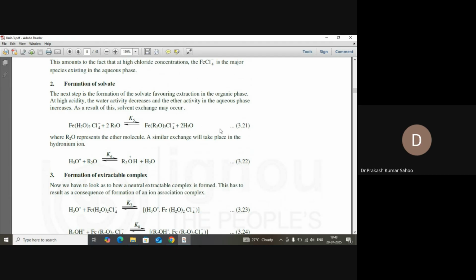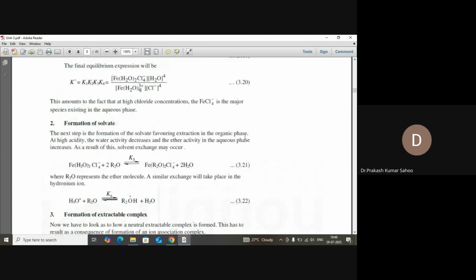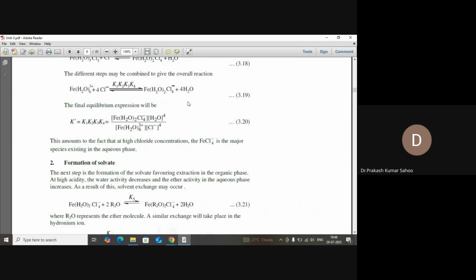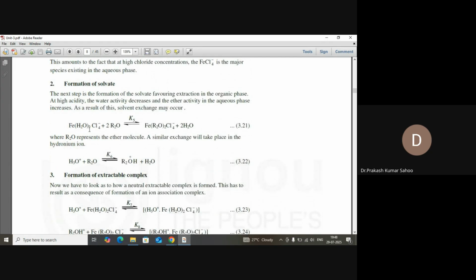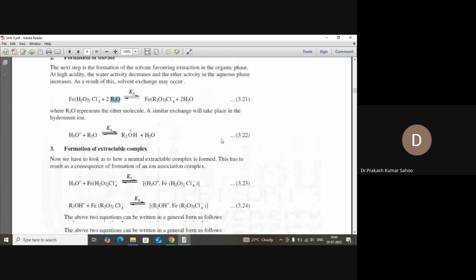Similarly, formation of solvate. So how the solvent is now used. Here we have this ion as the extract, and now this is reacted with the ether. Sorry, ether is the extractant. R2O is the extractant, and it is the mixture we have in the organic phase, and the 2 water molecules get replaced by ether, and 2 water molecules get separated.